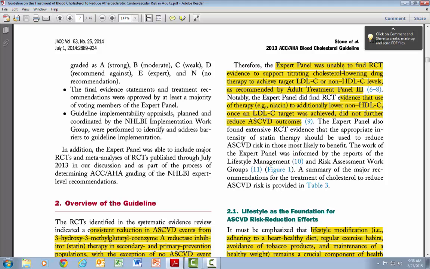So basically what they recommend is to use a fixed dose, either atorvastatin 40 milligrams or atorvastatin 80 milligrams, moderate intensity therapy or high intensity therapy. There is also no evidence that the addition of niacin or even fibric acid was of benefit.